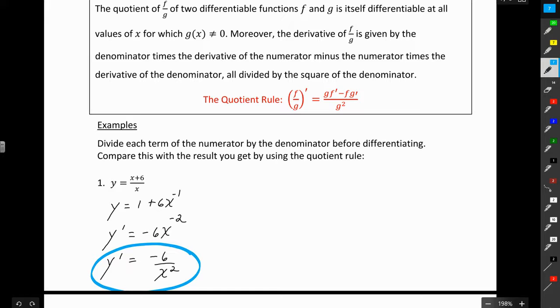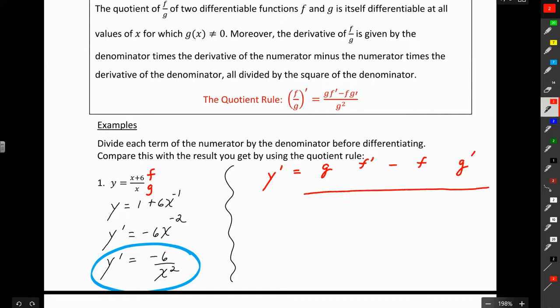Now I'm going to demonstrate using the quotient rule. The numerator is going to be f, and the denominator is g. And we're going to write out the rule. So y prime is equal to g f prime minus f g prime all over g squared.